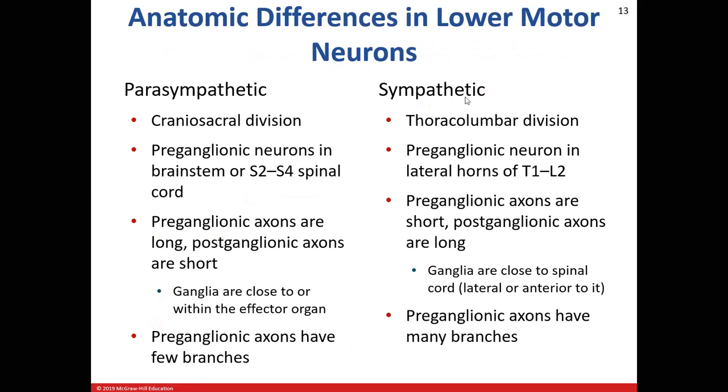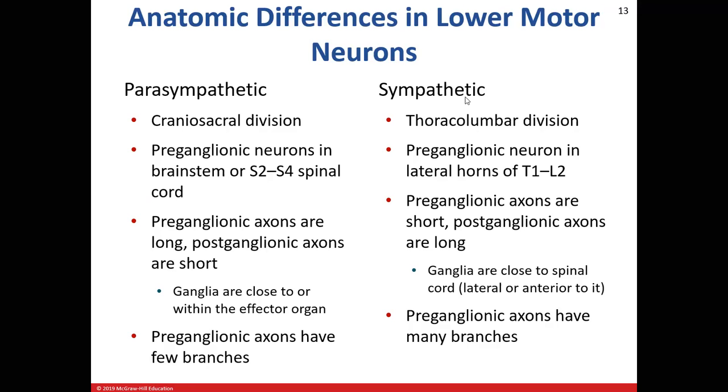So if we look at some of the anatomic differences in the lower motor neurons, and this is a comparison of just the parasympathetic and the sympathetic system. This slide in particular, I'd probably highlight and star it because it's going to be a really good overview of the differences between the two systems. And it'll really help you identify a lot of the other characteristics that we talk about.